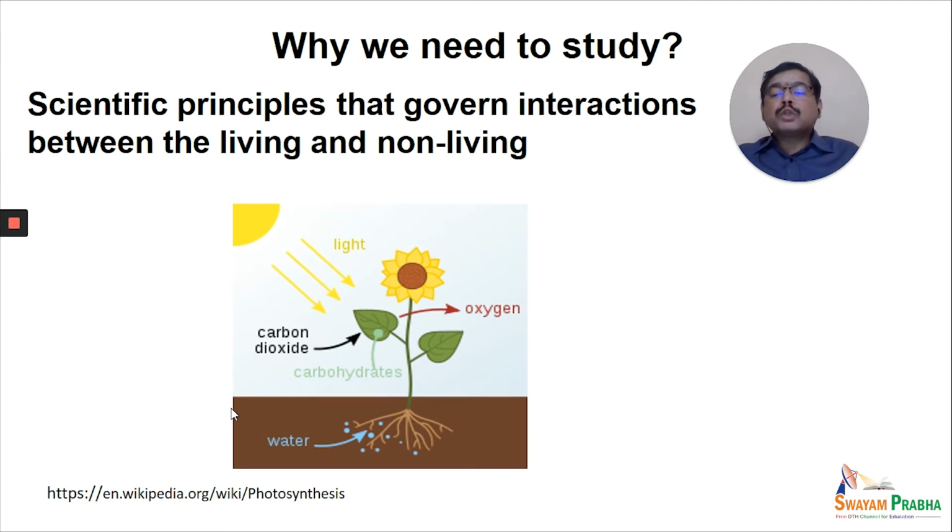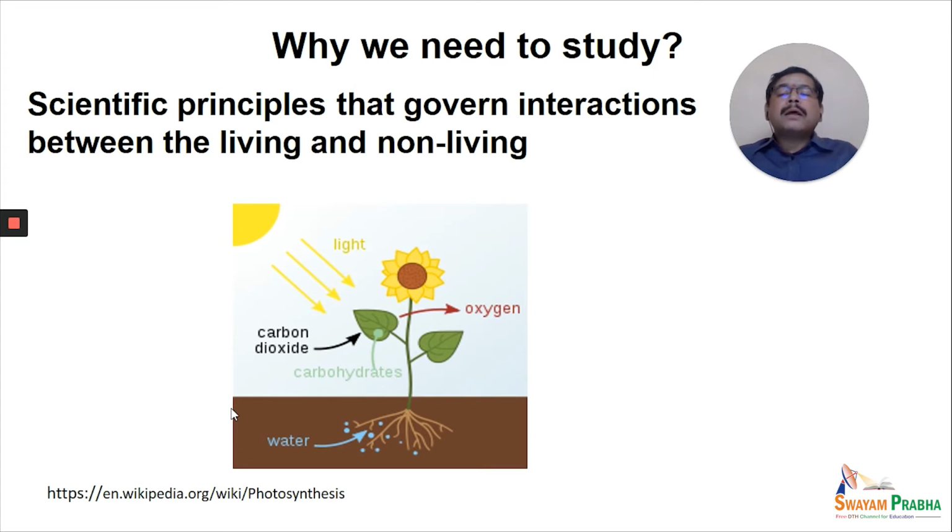The plants, through their roots, take up water and minerals from the soil, and it is transported through a shoot system. They have leaves which are green in color, and the green color is contributed by a pigment called chlorophyll.